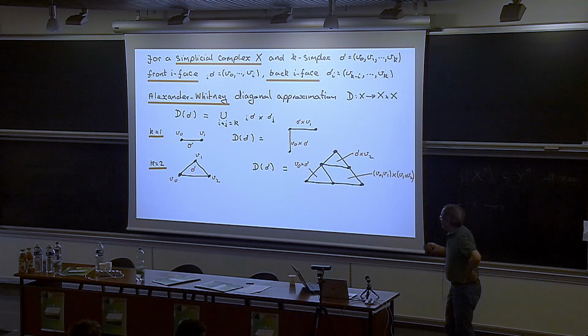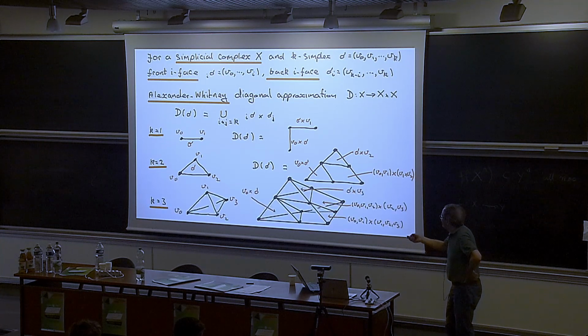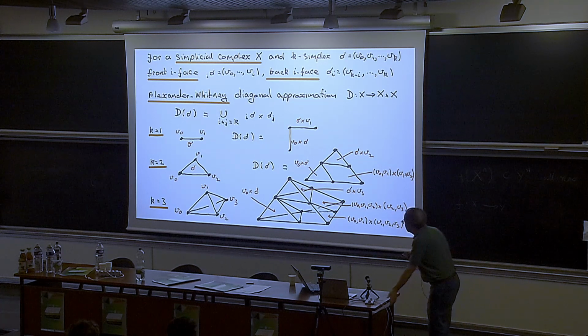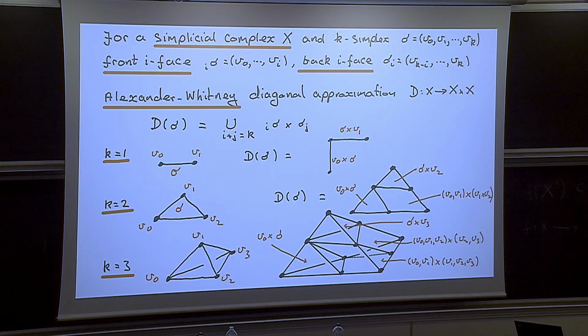That's the picture of k equals 3. So for the diagonal approximation for k equal to 3, if you take a simplex, its image will be a union of the vertex direct product the 3-simplex, and the 3-simplex direct product this vertex, together with some prisms.